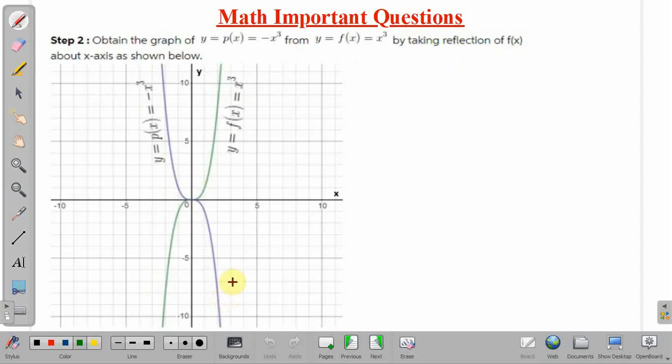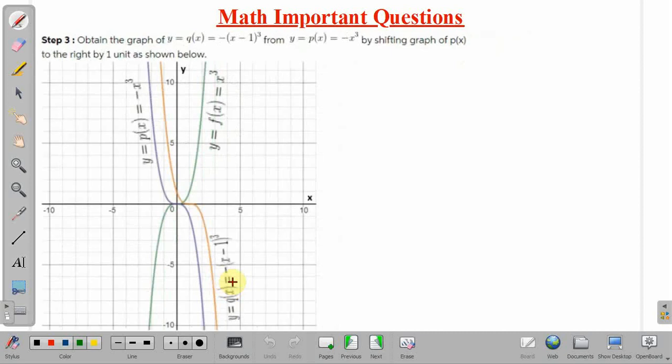Next, we will obtain the graph of y equal to q(x), which is equal to minus of (x minus 1) to the power 3, from the graph of y equal to p(x). How can we obtain it? See, here it is minus 1. In p(x) it is minus x cube, and in q(x) it is minus of (x minus 1) whole to the power 3.